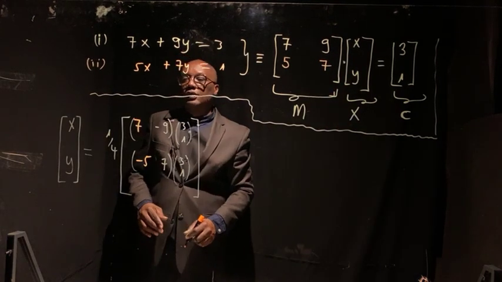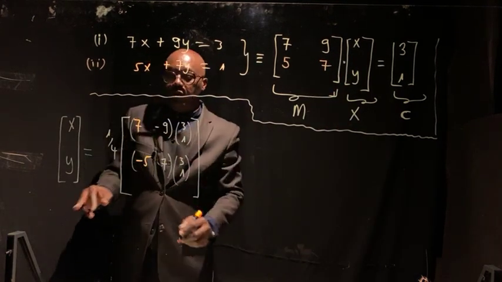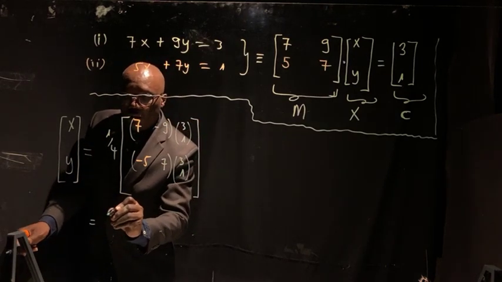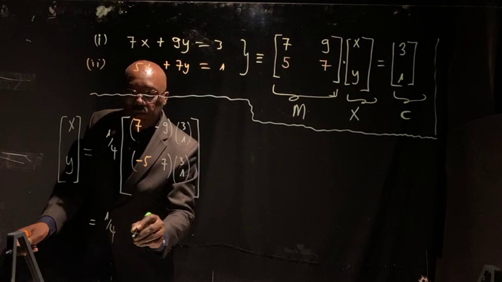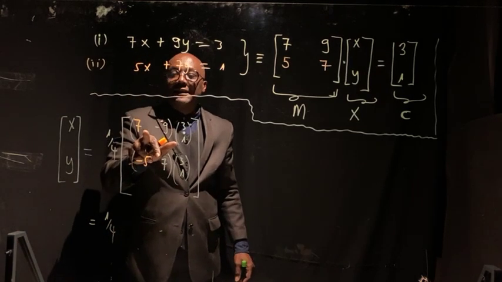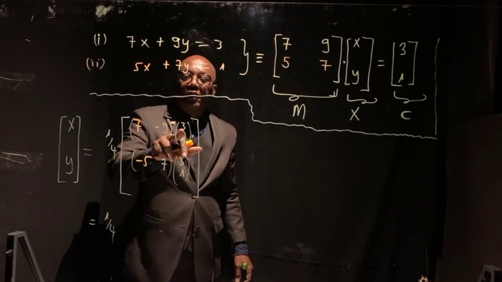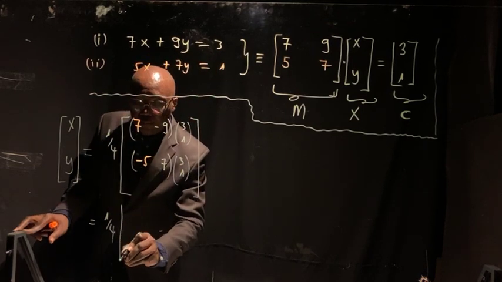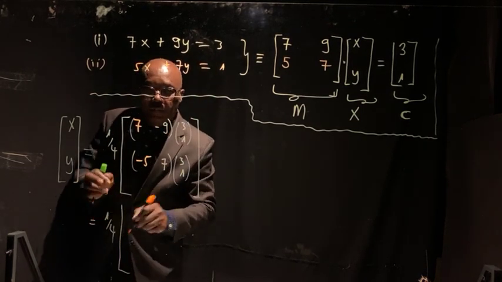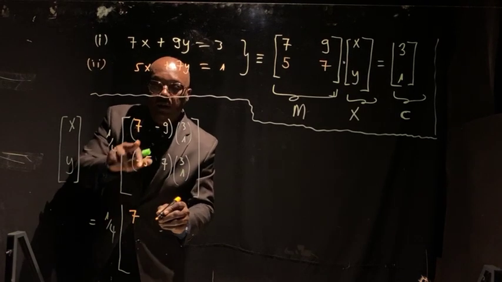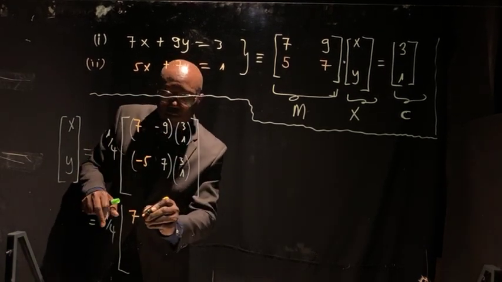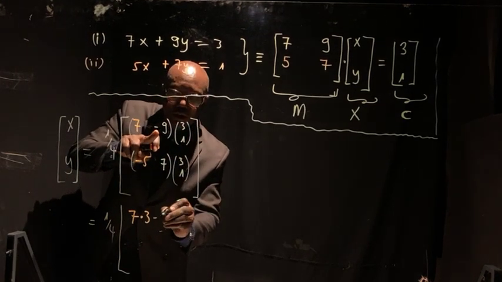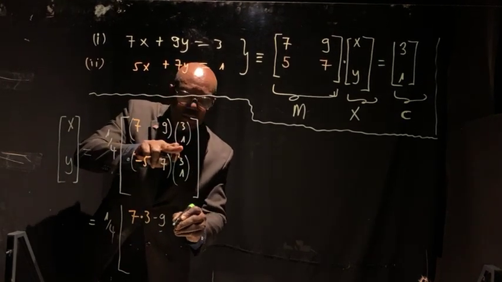Now, if we continue, we will have this one to be equal 1/4. Then 7 multiplied to 3, then minus 9 multiplied to 1.